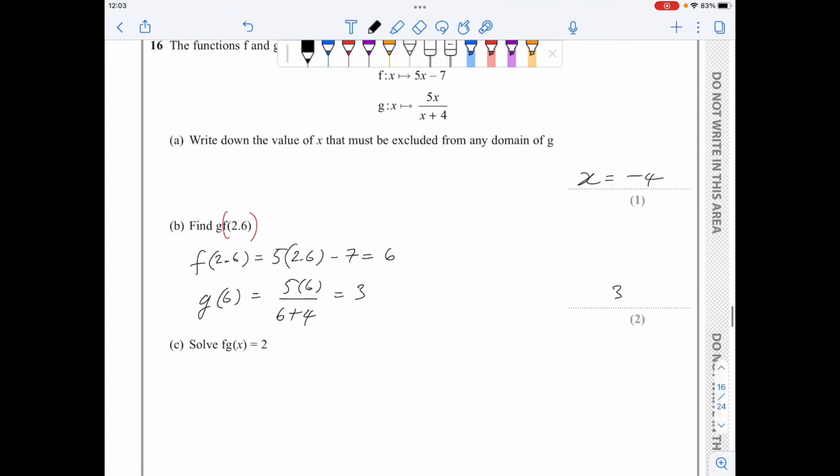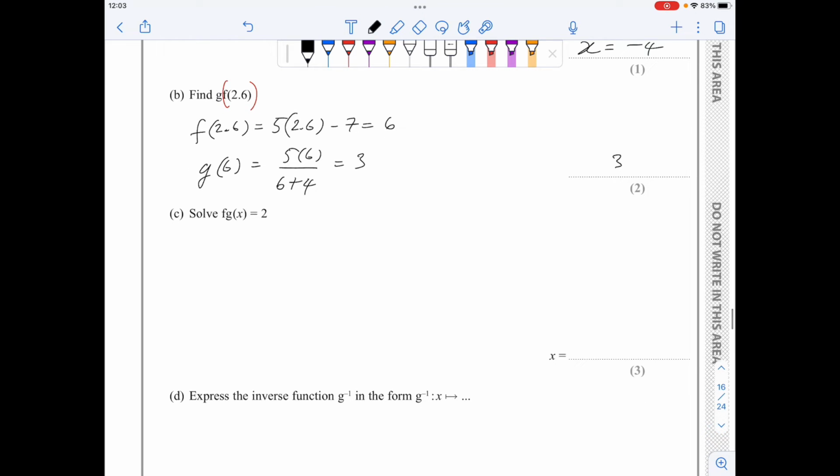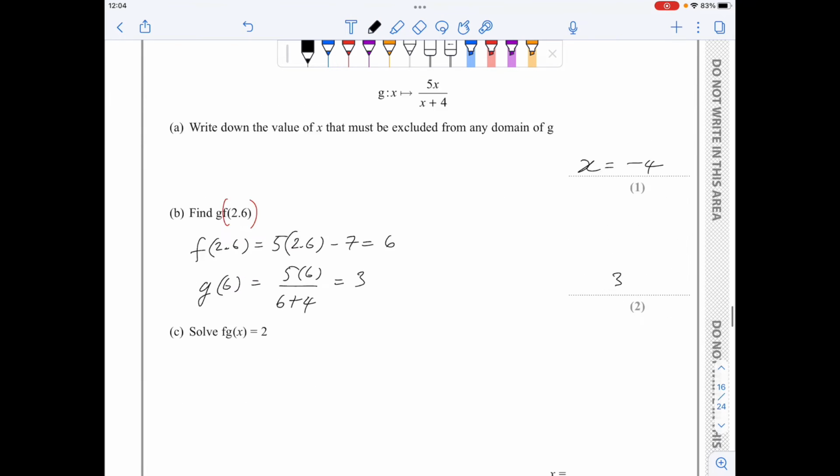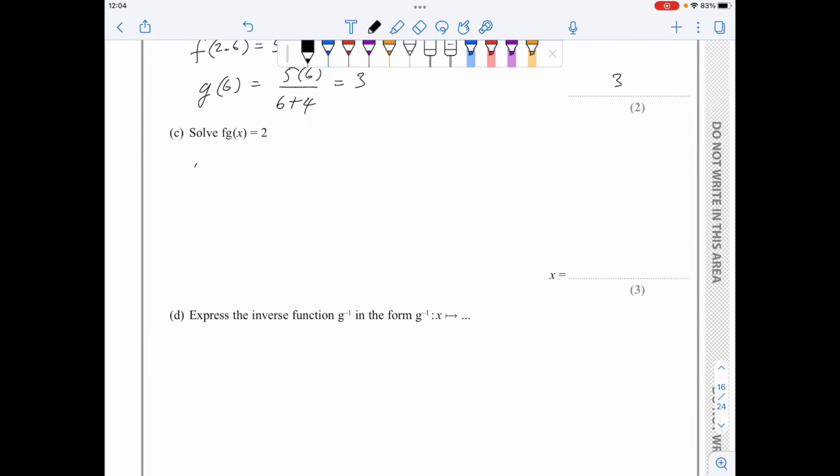Then in part C, I want fg of x. To get this, I will take my g function and use it as an input in the f function. So I will get 5 times 5x over x plus 4 minus 7 is equal to 2. Now I'm going to expand this. Note 5 outside the bracket is like having 5 over 1.